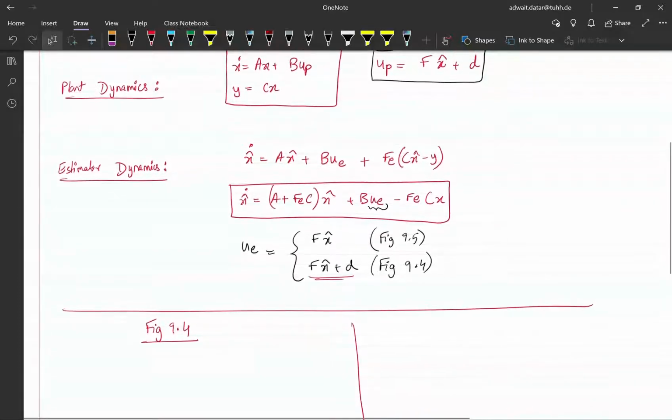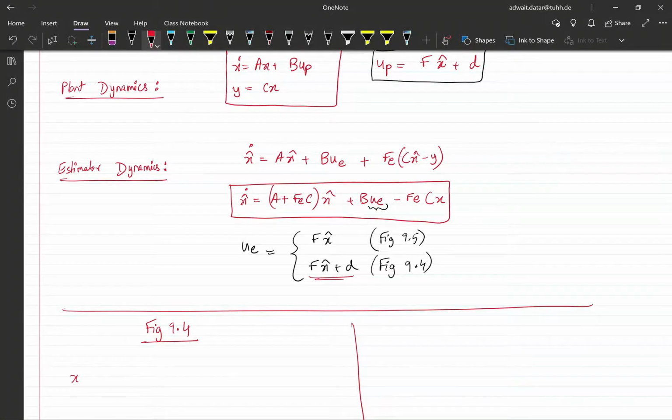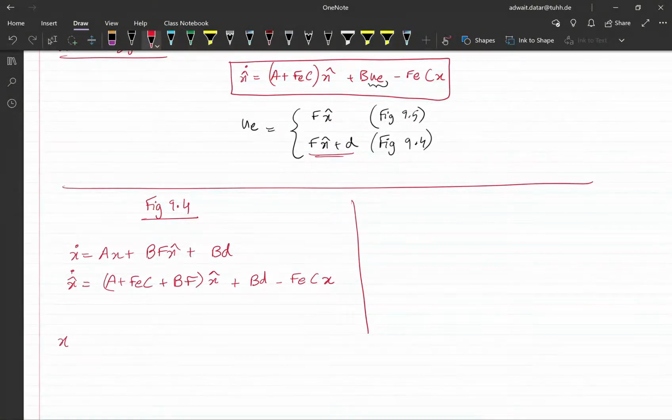So if we combine now the plant and the estimator dynamics, we get x dot is Ax plus Bup, and up is F x hat plus D. So we get Ax plus BF x hat plus BD, and x hat dot is now A plus FeC plus BF x hat plus BD minus FeCx.